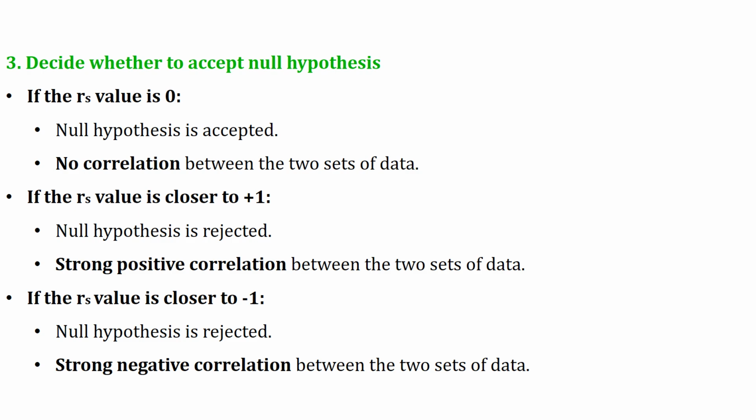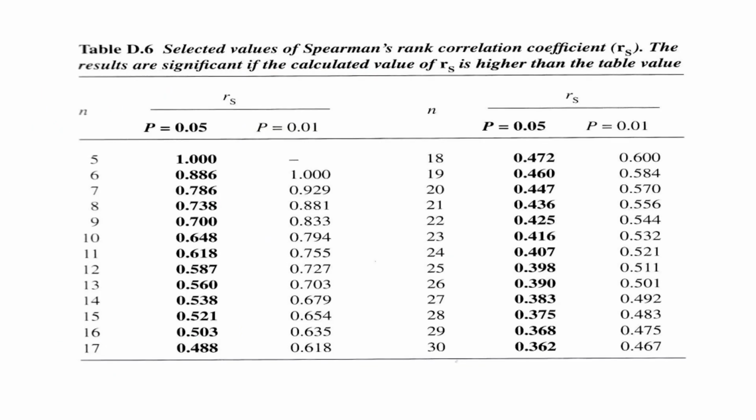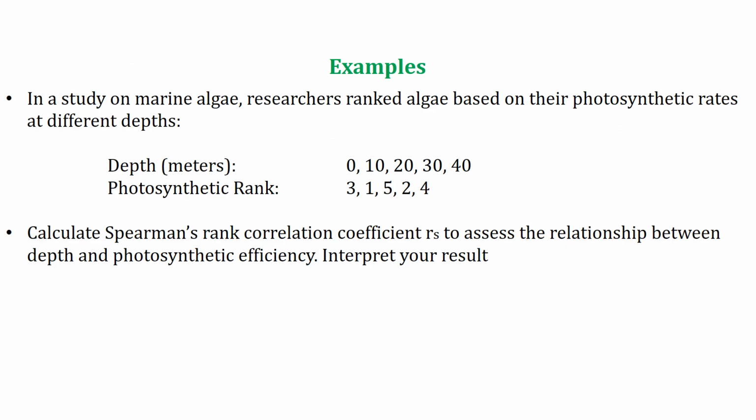Accept the null hypothesis. If RS is close to +1 or -1, reject the null hypothesis. There's a strong correlation. This table helps you compare your RS value with critical values based on sample size to determine significance.